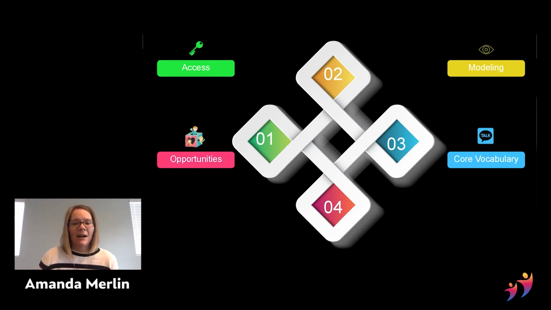Access, modeling, communication opportunities, and core vocabulary are the 4 AAC best practices. There has been a significant amount of research over the past decade, 2 decades, on individuals that use AAC, or AAC users. These 4 best practices have emerged as what we call the gold standards.